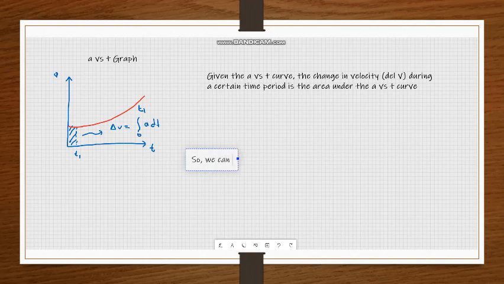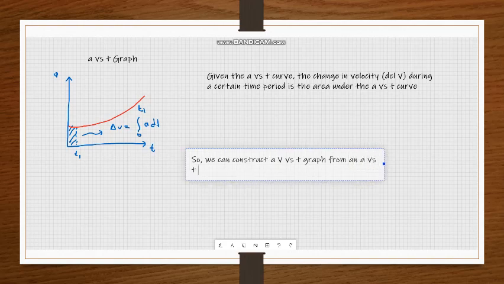So we can construct a velocity versus time graph from an acceleration versus time graph. How?